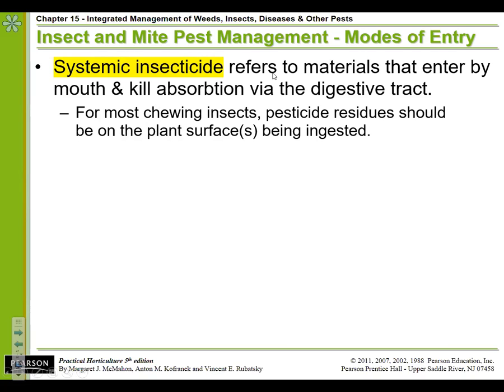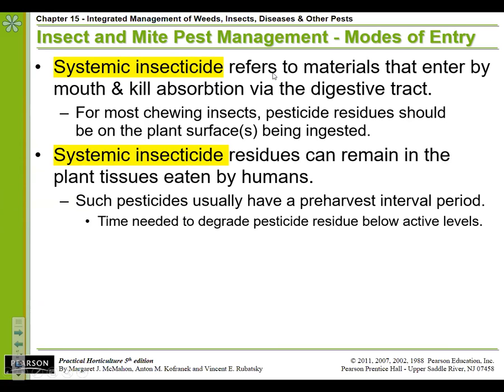So in this case, we're applying it to the plant surface. The pesticide residue has to remain there long enough for the insect to actually feed on it so it can kill it. So in this case, we have to really look at the timing of our application of the pesticide. Rain, of course, is going to wash it off. Irrigation, overhead irrigation, does the same thing.